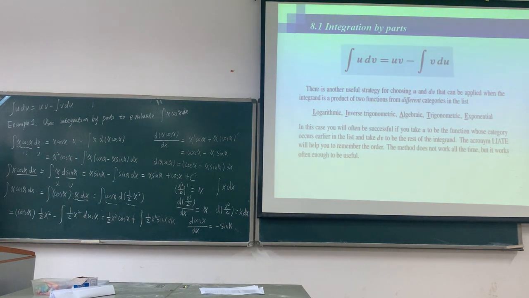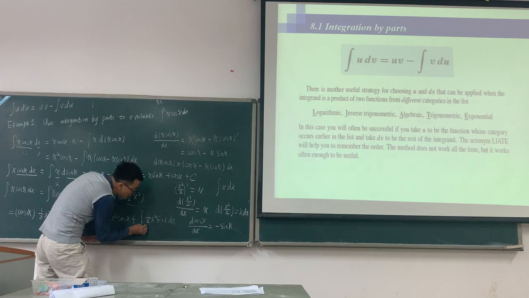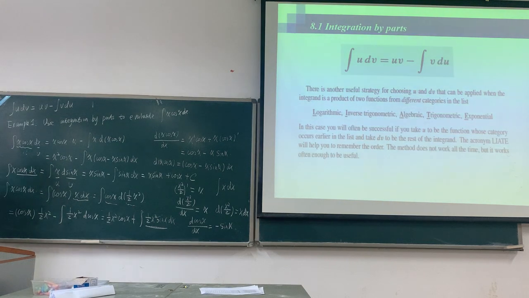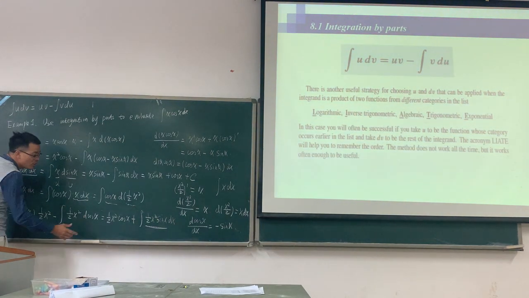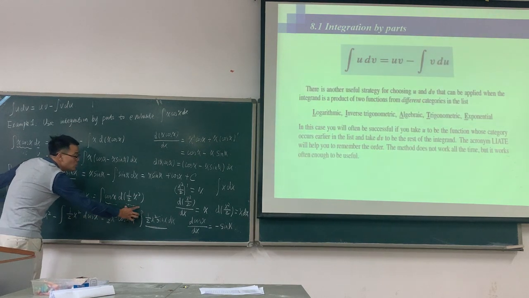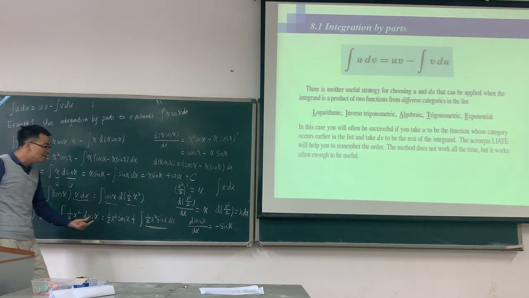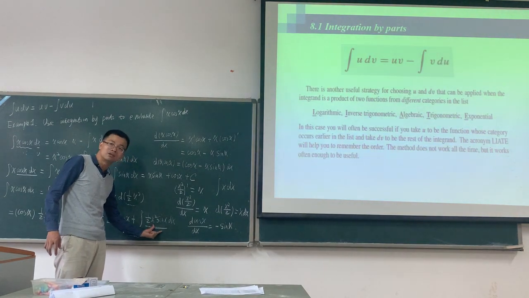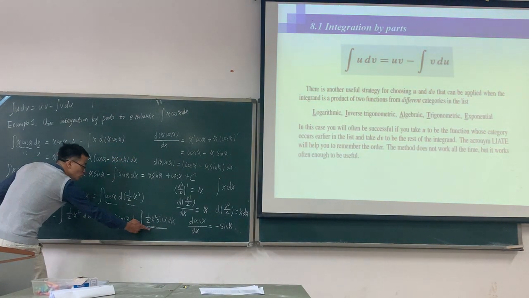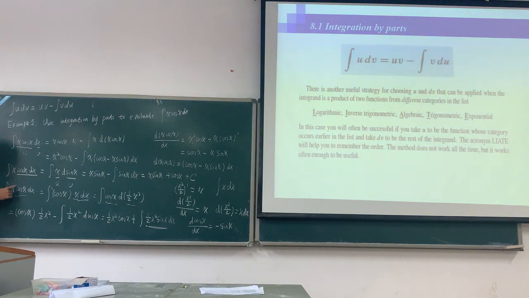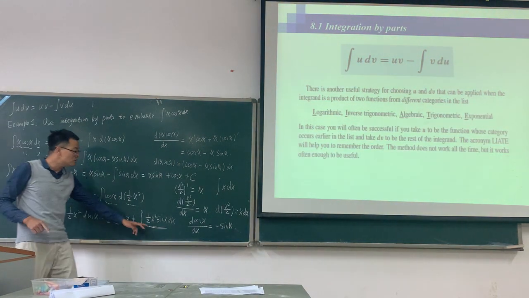So now we can see we need to find the antiderivative of 1/2 x squared times sine x. If we let u equal to cosine x, v equal to 1/2 x squared, we transform the antiderivative of x cosine x into the antiderivative of 1/2 x squared sine x. Which is simple and which is complicated? This one is simple, because here is x to the power 1, but here is x to the power 2.